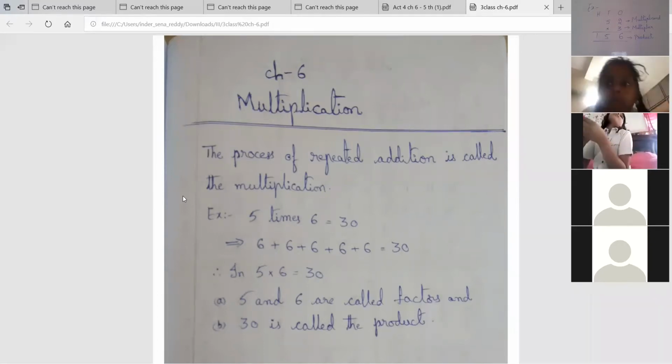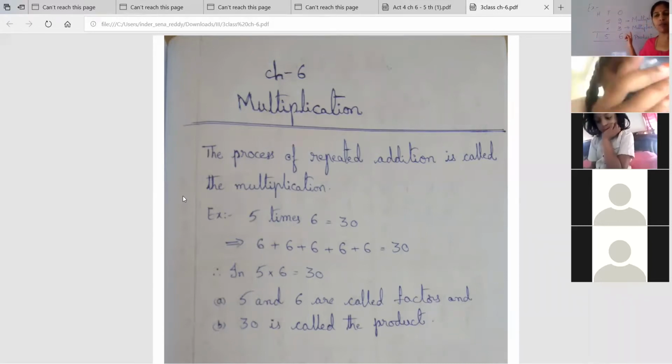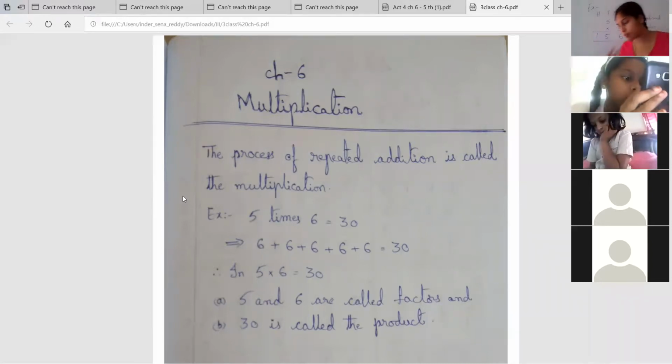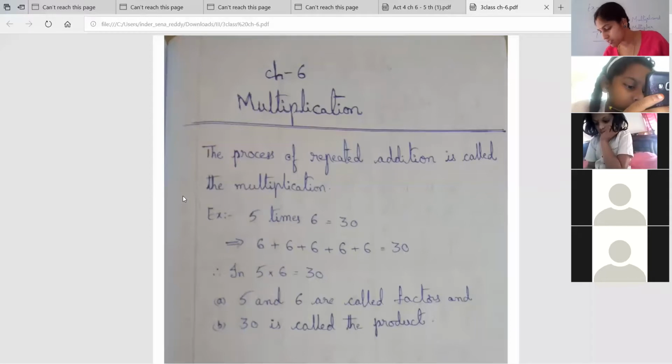Ma'am, completed, ma'am. Finished? Those who have finished from the board, children, you copy down the properties of multiplication from your textbook also.